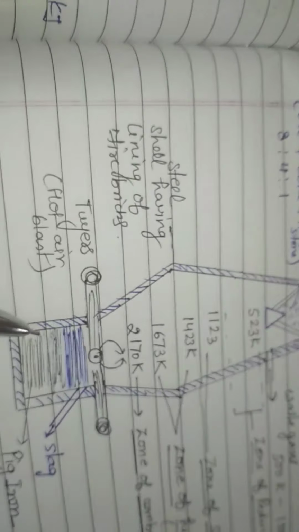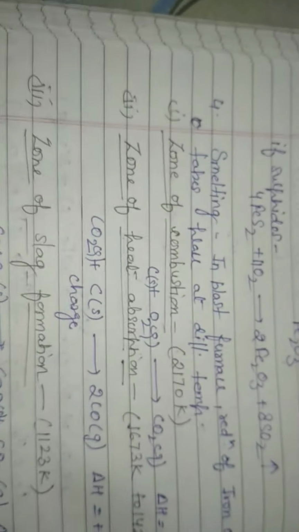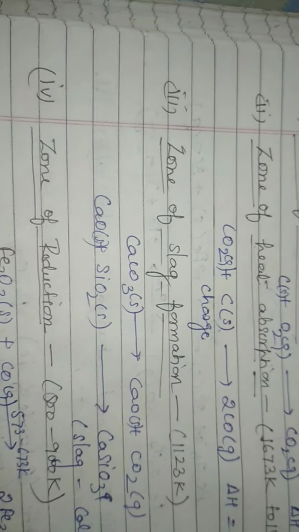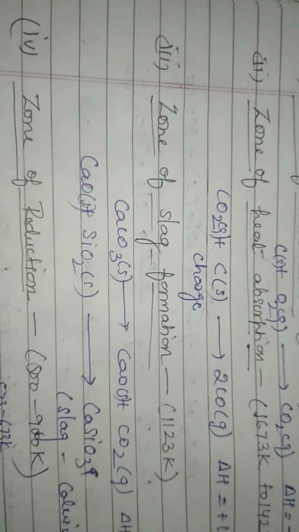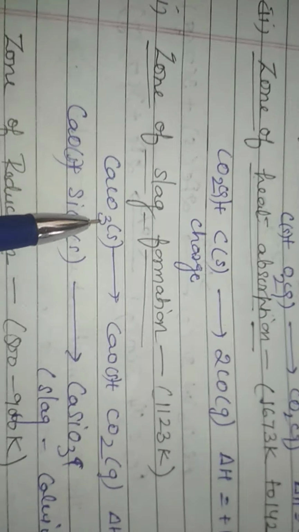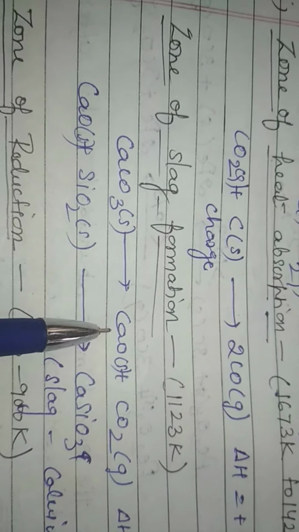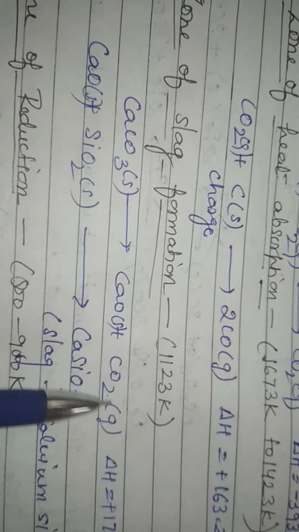It is the middle zone of the furnace, in which the calcium carbonate that we have taken in the charge, when we have taken charge that contains ore plus coke plus limestone, and limestone is calcium carbonate, at this particular temperature of 1123 Kelvin, would be decomposed to give calcium oxide and carbon dioxide.